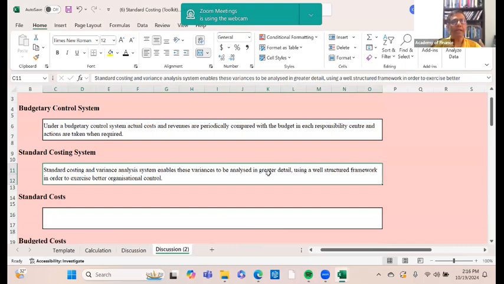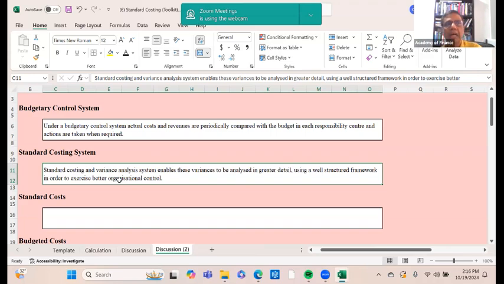So in budgetary planning and control, we need to compare the budgets and the actuals, identify the variances and take corrective action. A standard costing and variance analysis system helps us to identify the variances and analyze them in detail using a well-structured framework. I showed you a fully comprehensive, all-inclusive, well-structured framework in order to exercise better organizational control.